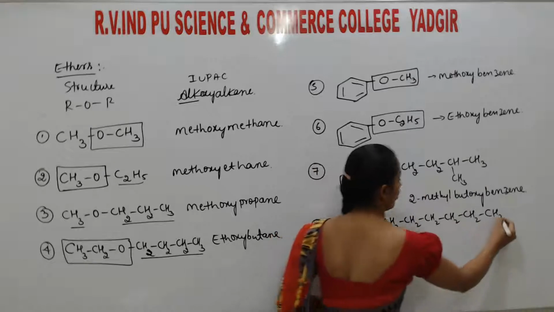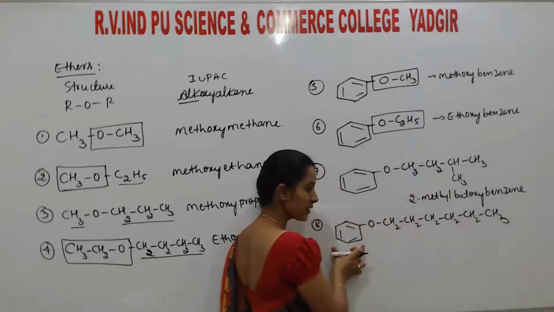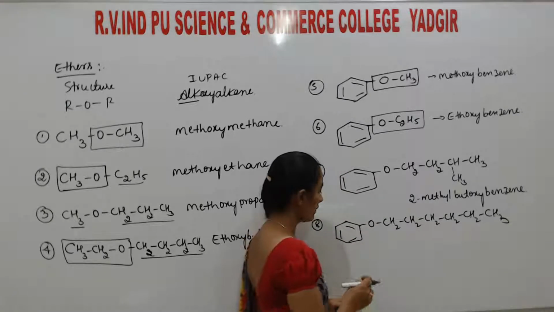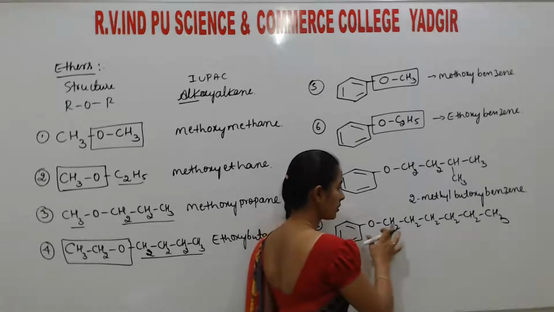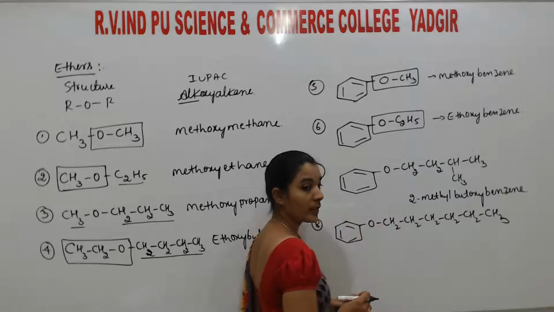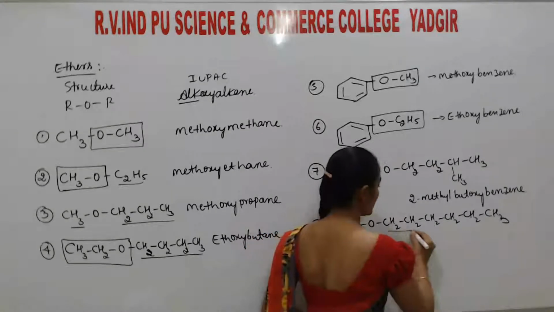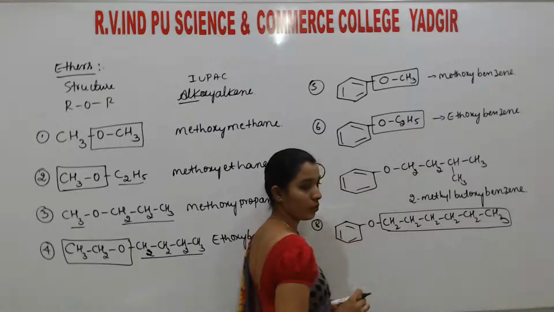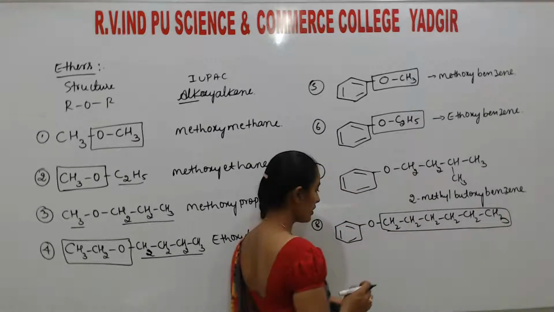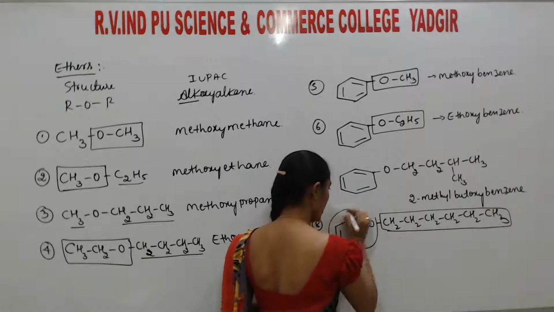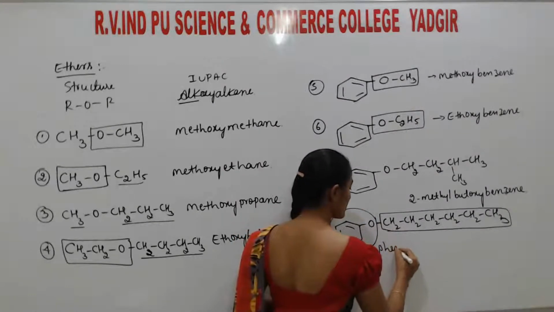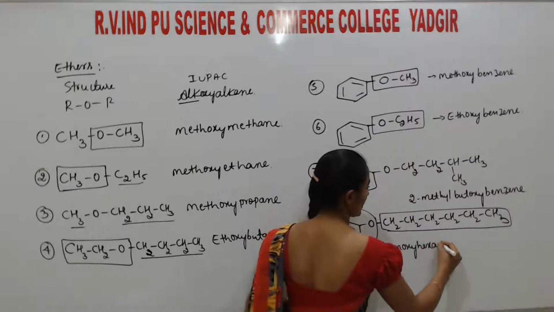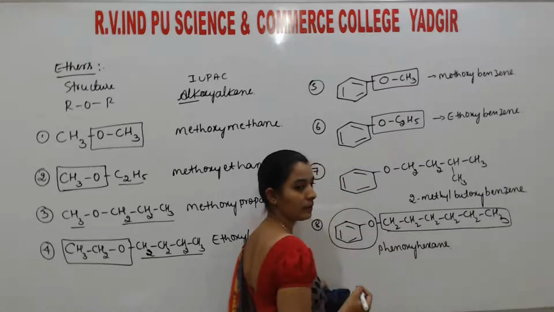So assume only 6 are there, both on the left-hand side as well as the right-hand side, on either side of the oxygen atom. Here is also 6 carbon atoms, here is also 6 carbon atoms. Then the preference is given to this straight chain instead of this aryl compound. Understand? Then this becomes the functional group, like phenoxy. Phenoxy hexane. This is the name.